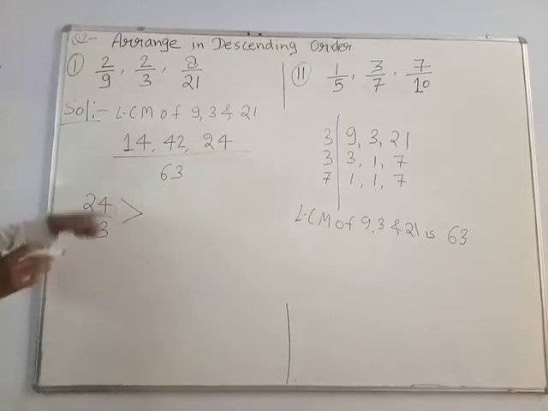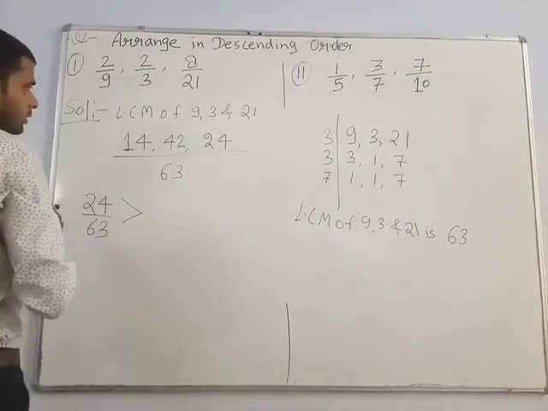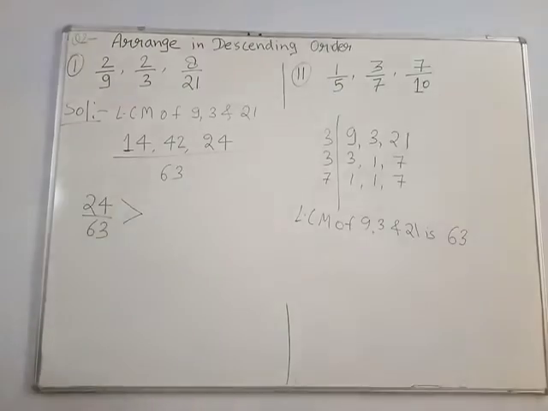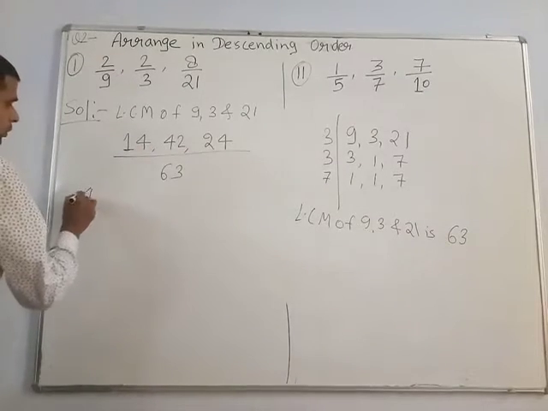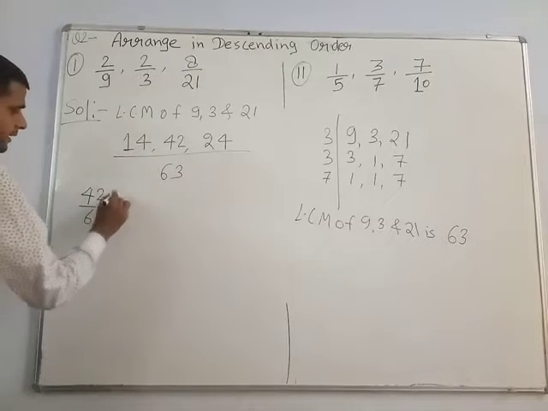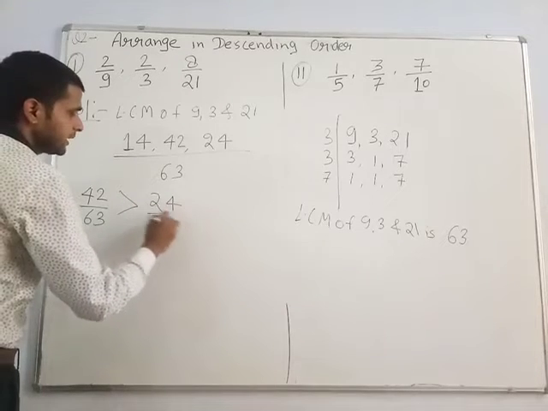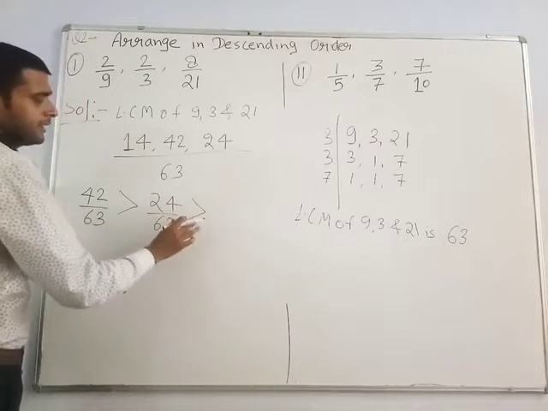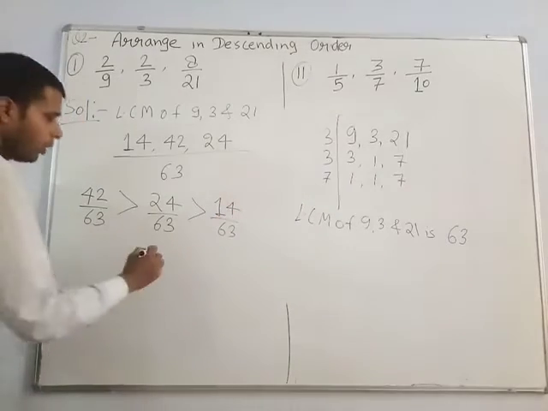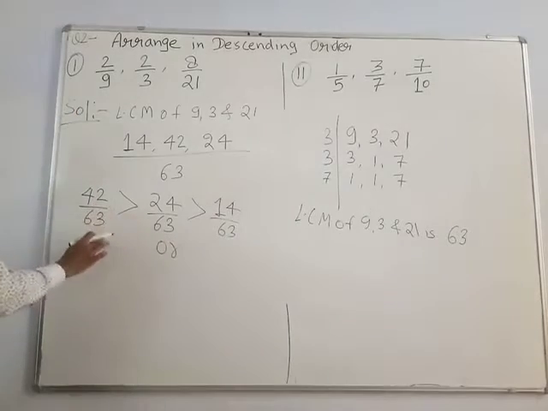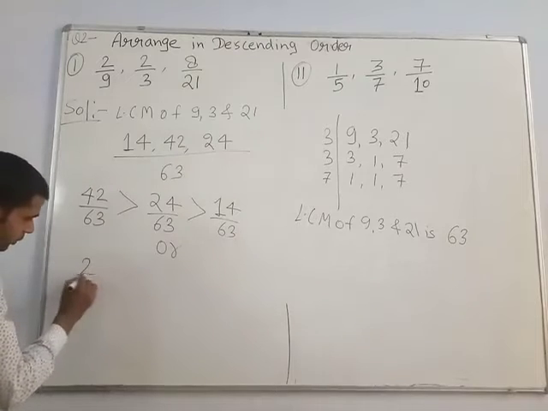Then in descending order, always put this sign. First bigger value is 42 upon 63. Bigger value, put that sign. Then 24 upon 63, and then last is 14 upon 63. 42 upon 63, which value is 2 upon 3.